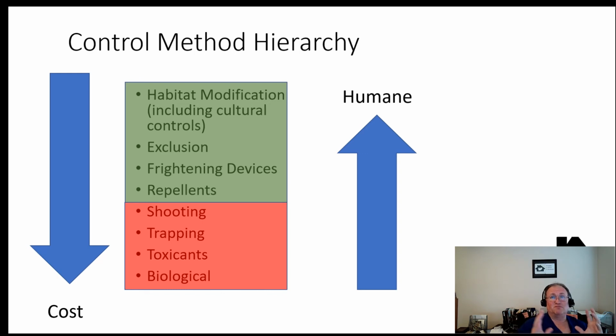So shooting is pretty straightforward, and it covers a wide variety of projectiles. Trapping, again, a wide variety of tools used for trapping. Typically, the animals are killed after they're trapped, but not always. But trapping is certainly an option. These are mechanical means, for those of you PCOs, mechanical means of getting the animal to die.